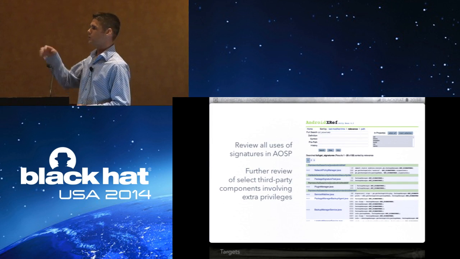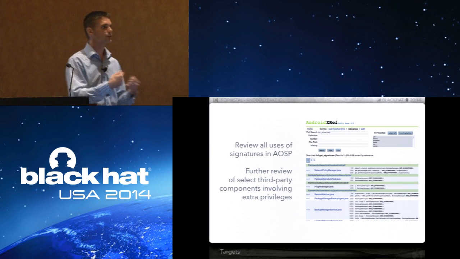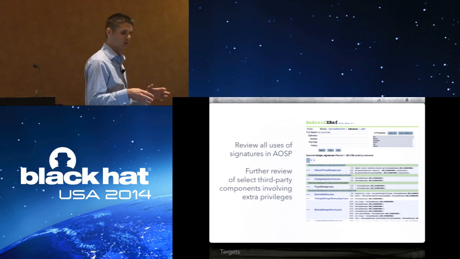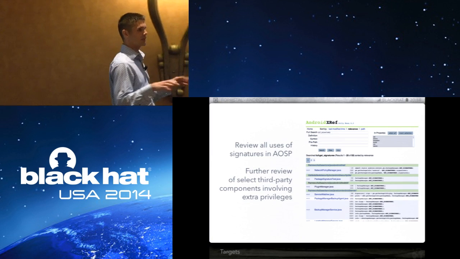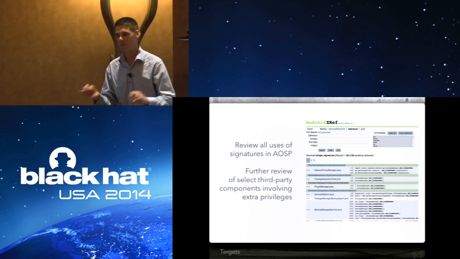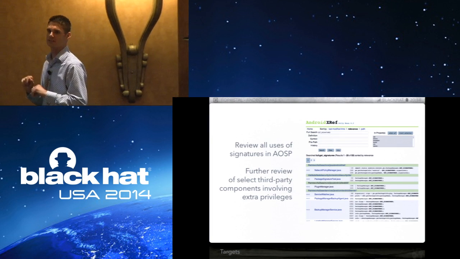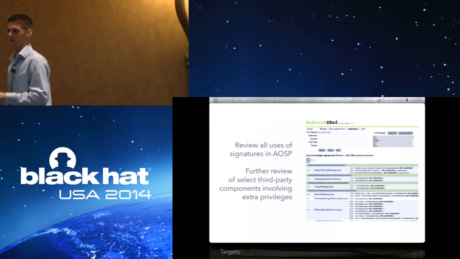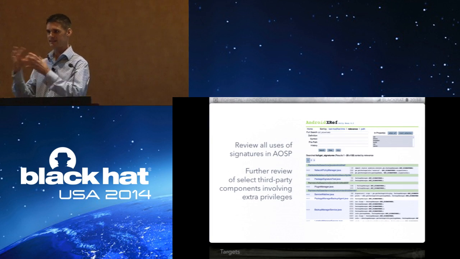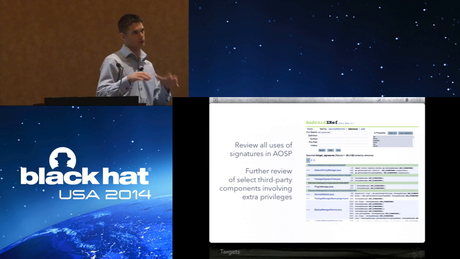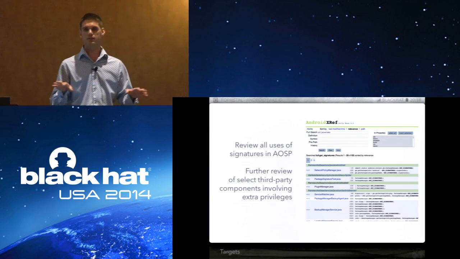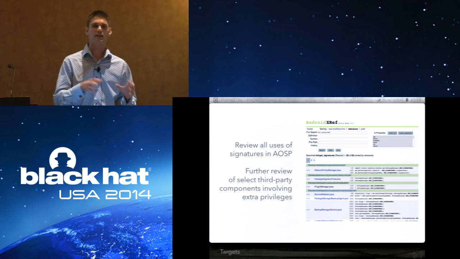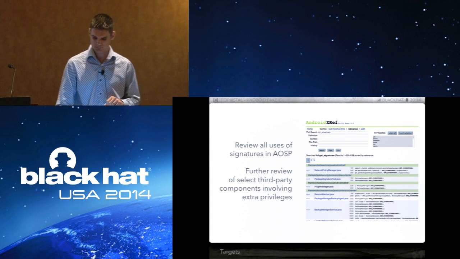Due to other endeavors, we also looked at a lot of third-party components that involve extra privileges tied to certificates, like security containers, device management extensions, and device control extensions. These are security sensitive and all tie into this identity stuff. We looked at who's susceptible and how they are checking these signatures.